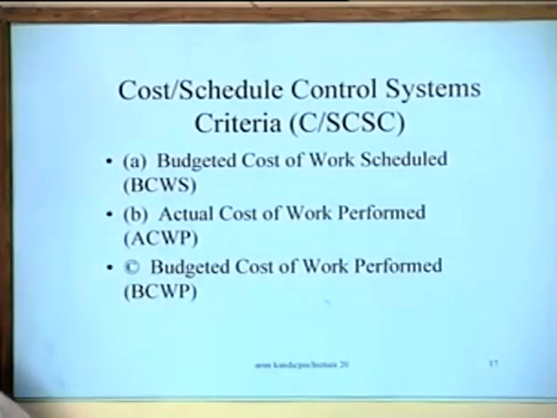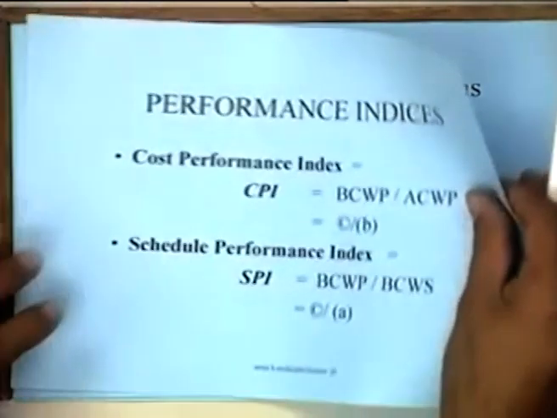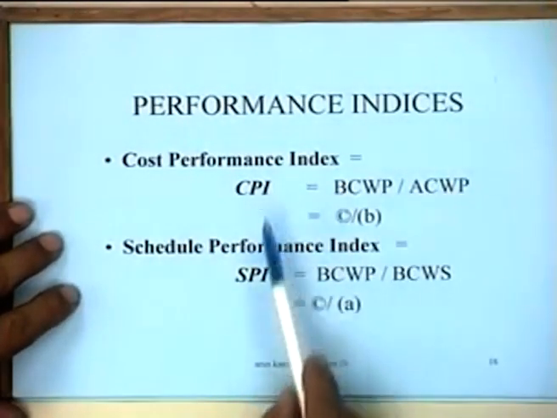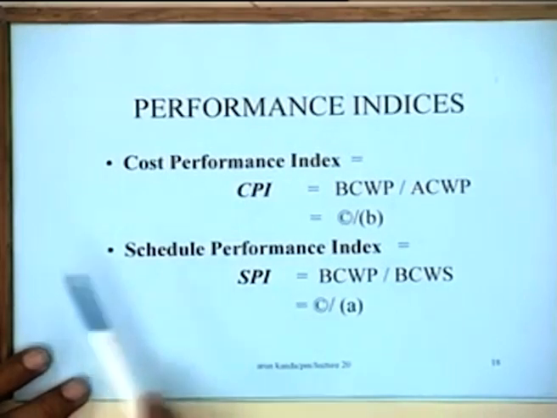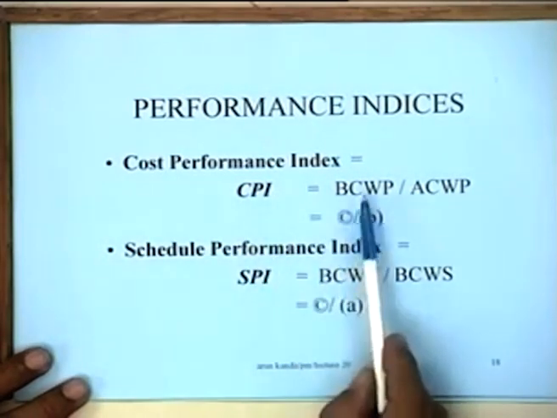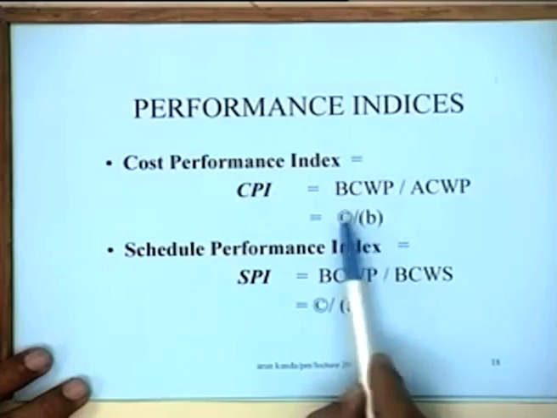On the basis of this information, you can define a cost performance index and a schedule performance index. The cost performance index is nothing but the curve C divided by B, as we had seen.